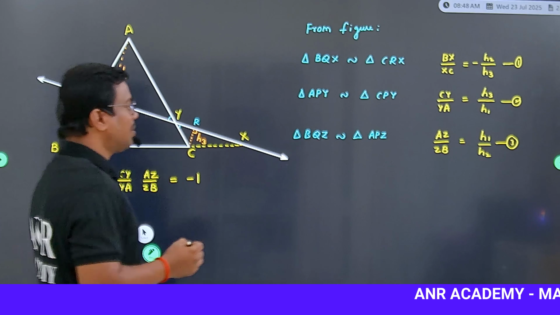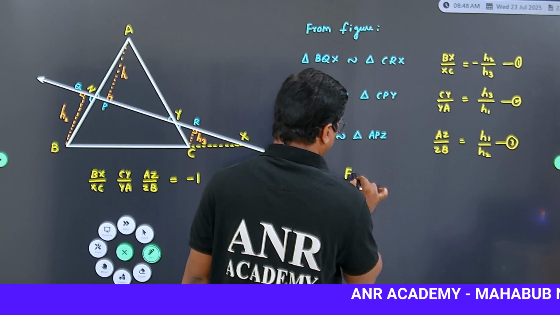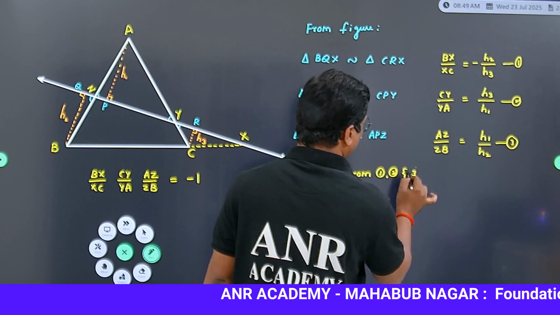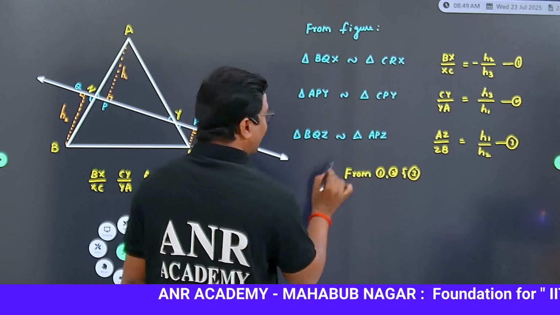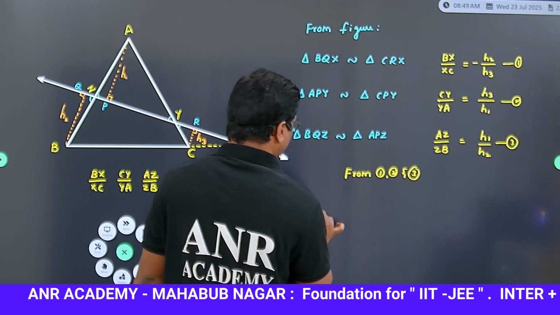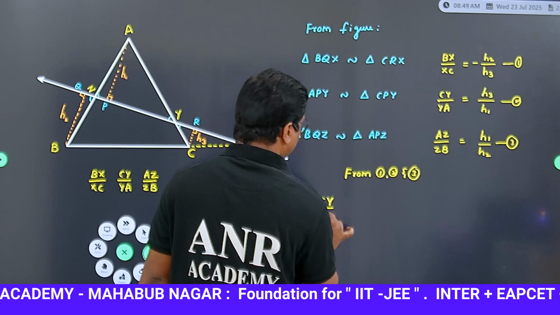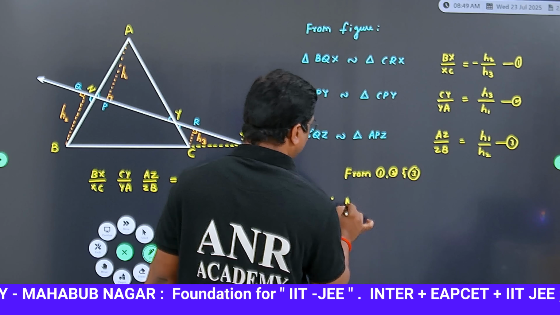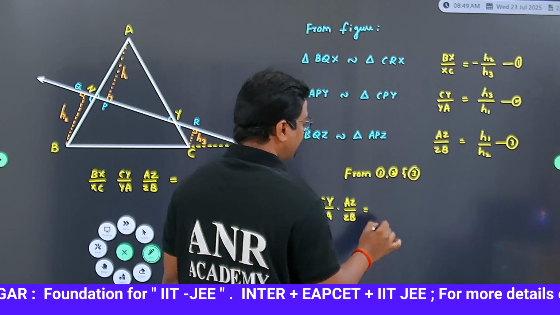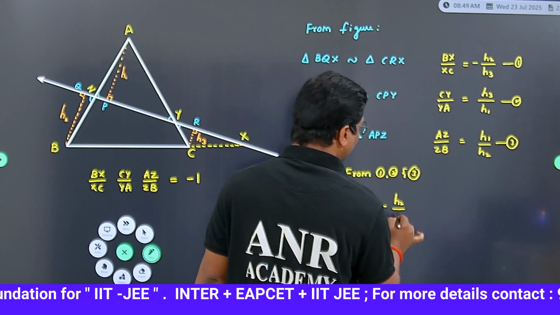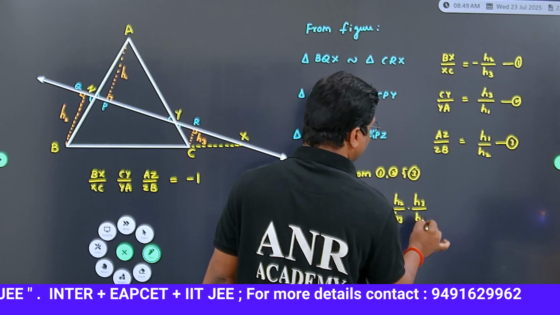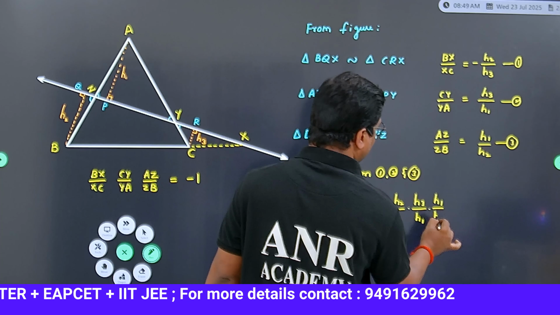Now from 1, 2 and 3. Product of all these, BX by XC multiplied by CY by YA multiplied by AZ by ZB, that is equal to minus h2 by h3 multiplied by h3 by h1 multiplied by h1 by h2.